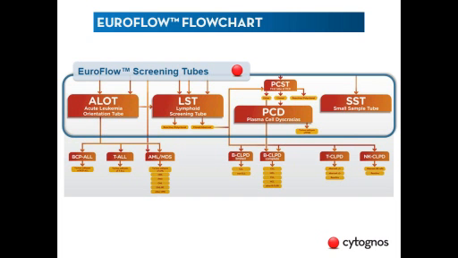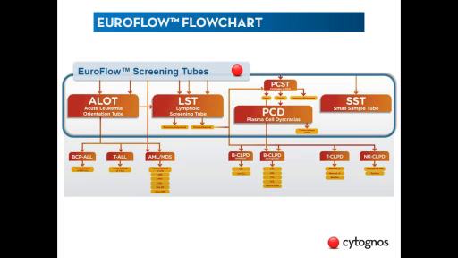You are going to apply these tubes that are, as I told you, RUO, not for diagnosis, just screening tubes, and depending on the result you can go one step further and apply one of the different panels displayed at the bottom of the slide. So if your screening tube, for example ALOT, says that your acute leukemia is B, you are going to apply the B panel for acute leukemias, BCP-ALL.